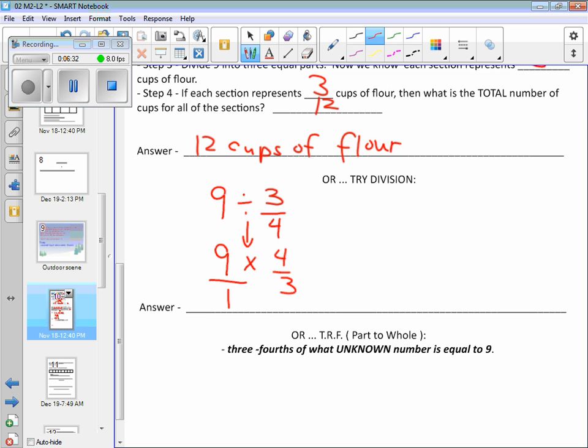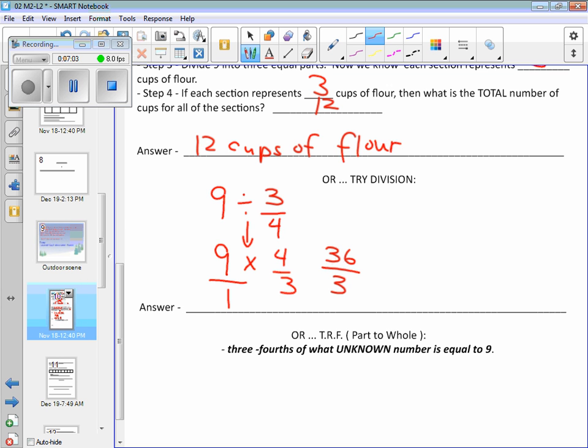Once I set it up as 9 over 1 times 4 over 3, I can multiply numerator by numerator. What's 9 times 4? 36. What's 1 times 3? 3. We now have an improper fraction, which is 36 over 3, but I've got to change it back into a whole number.